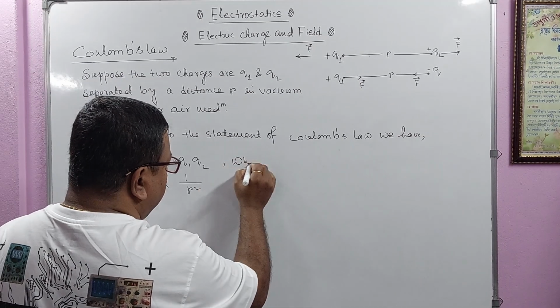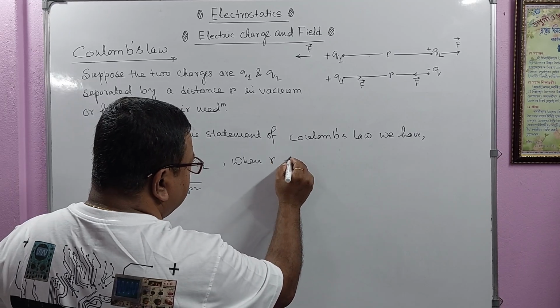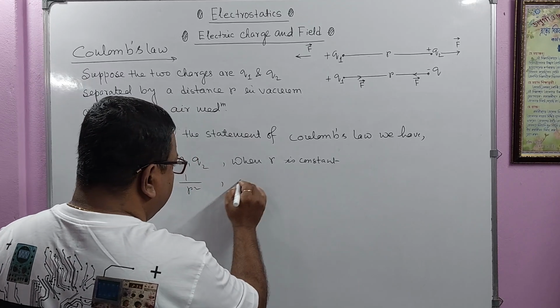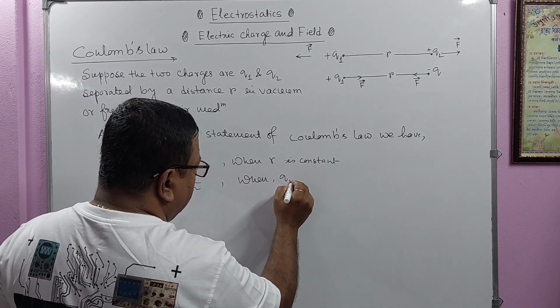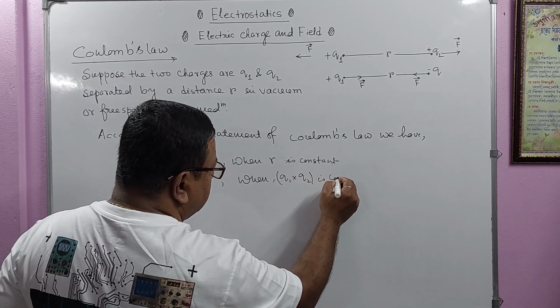Here we can write when R is constant, and here we can write when the product of Q1 and Q2 is constant.